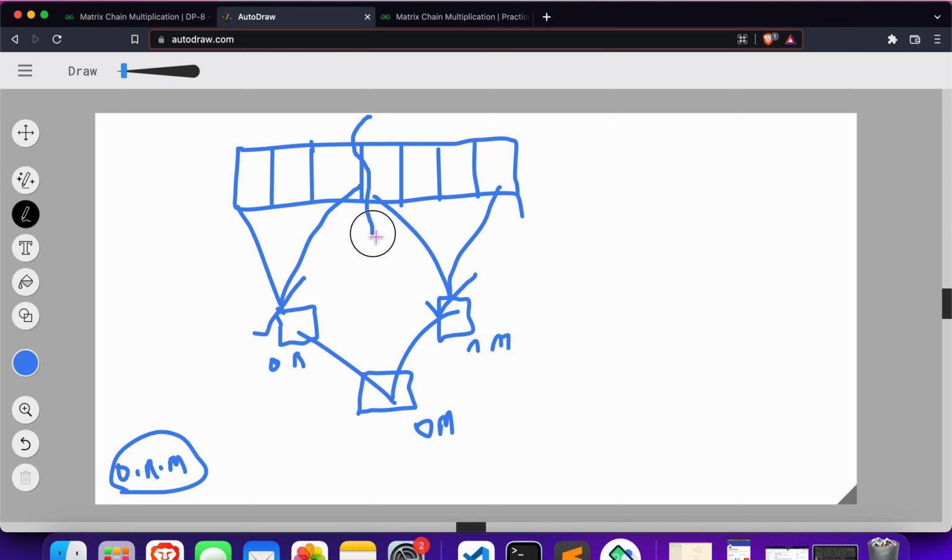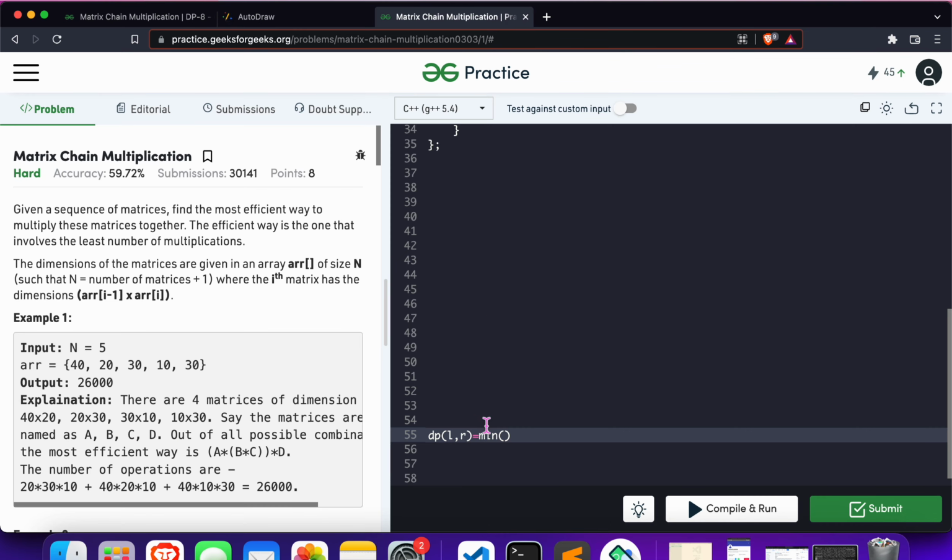Suppose we break here, then whatever the number of operations here plus whatever the number of operations here plus O and M. Across all these breaks we need to take the minimum. It will be something like this.